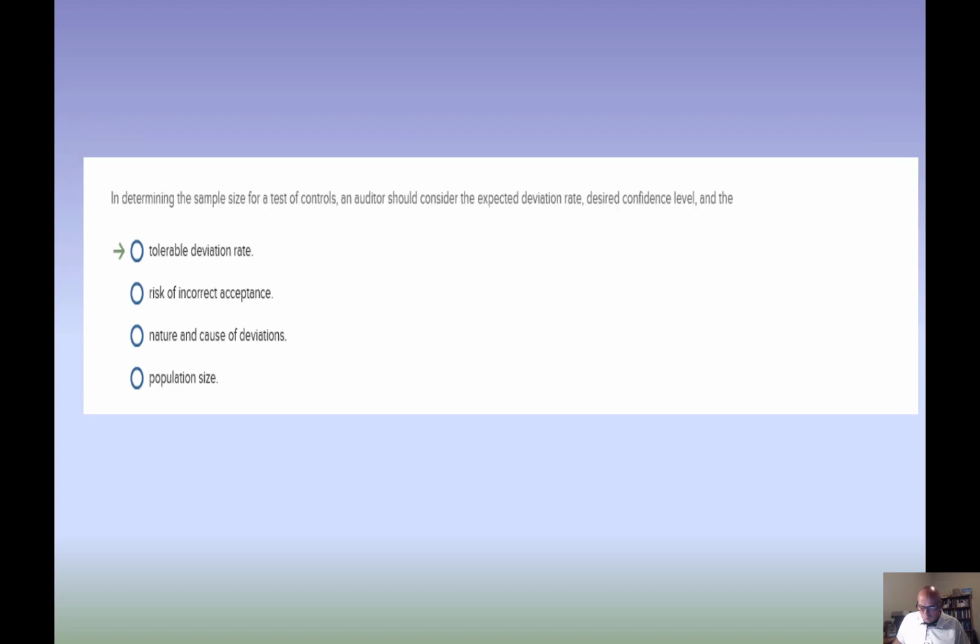Okay, good. In determining the sample size for a test of controls, an auditor should consider the expected deviation rate, desired confidence level, and tolerable deviation rate was the other one that affected our sample size. And notice we didn't bring in the population size in that consideration, and we were assuming larger populations.